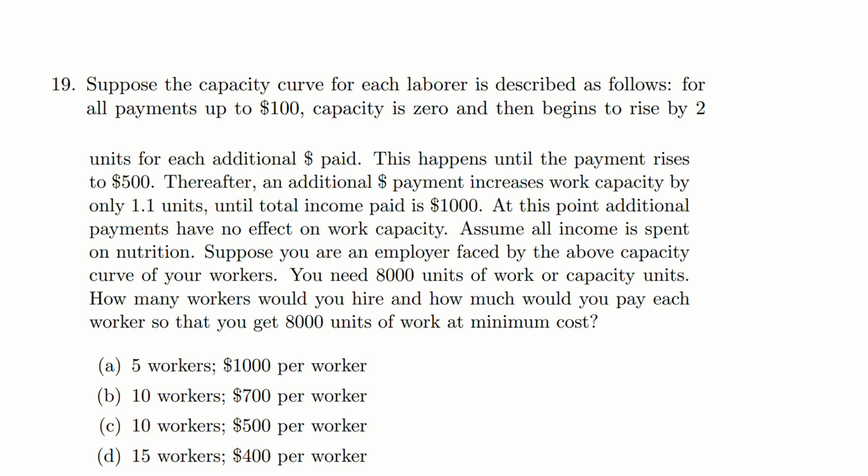Guys, read this question carefully. That is the hint. Till $100 capacity is zero, and after $100 every unit will rise by 2 units for each additional dollar paid. What does it mean?